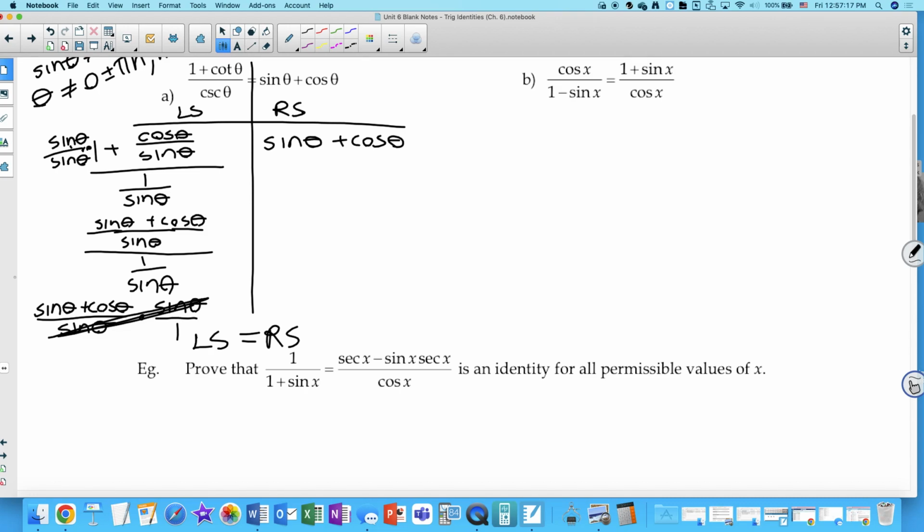Let's try another one. Cos x over 1 minus sine x equals 1 plus sine x over cosine x. Okay, so there's not much to do here in terms of converting to sine and cosine because we're already there. So let's just start with non-permissibles.